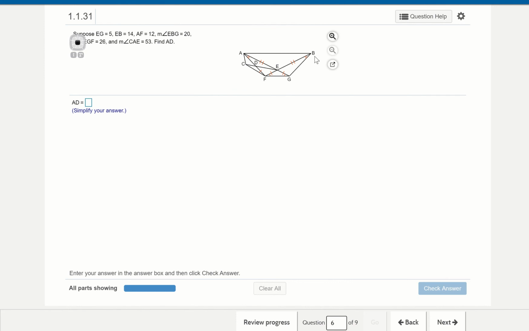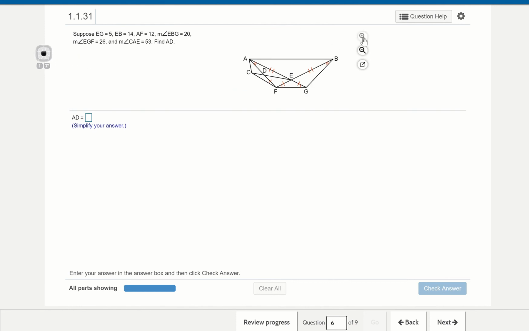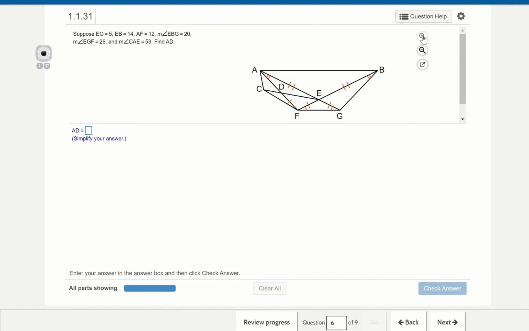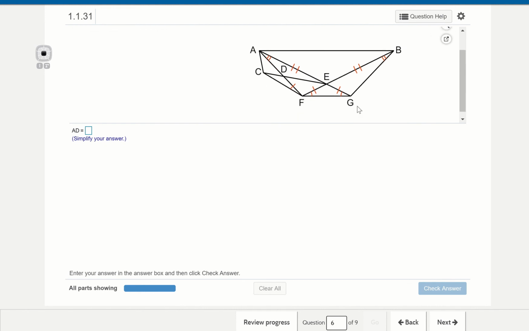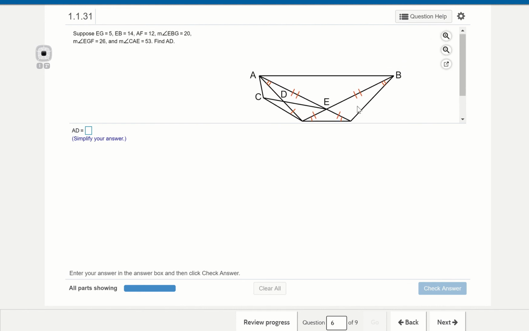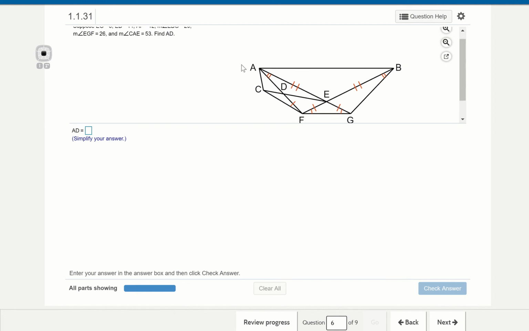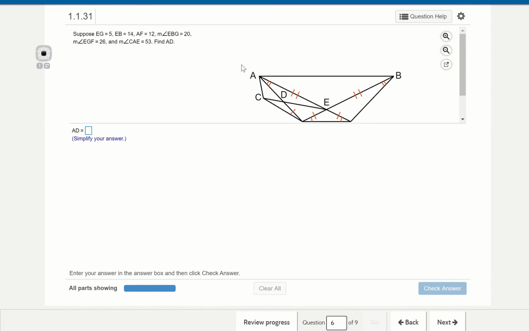Okay, so we got another figure with a bunch of things on it. Let's go ahead and zoom in on the image again. All right, so here they're looking for AD.